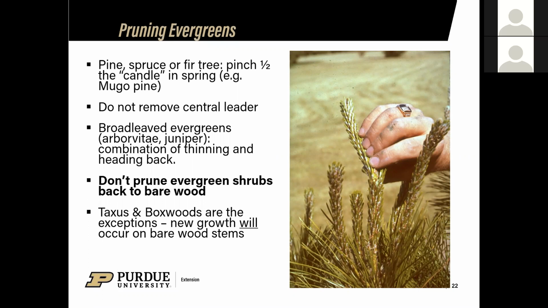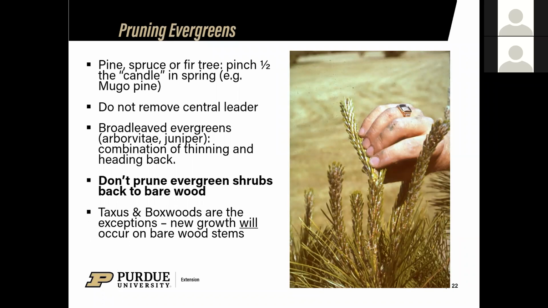One important thing with evergreens is do not prune back past the needles or the leaves into bare wood. Evergreens do not have the ability to break side buds and send out new shoots. You cut a maple branch back, it's going to break side buds, dormant buds, and send out new shoots.